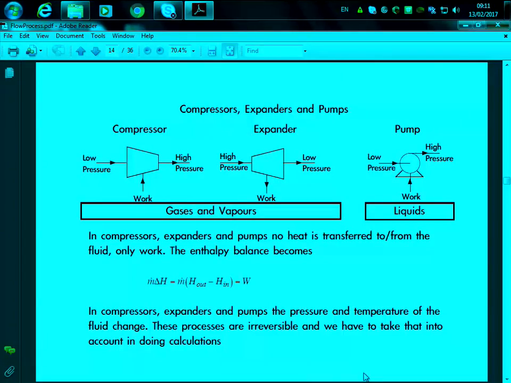So entropy of the inlet of the process will be equal to entropy of the outlet of the process. Well, this is an assumption that we will use to initiate calculations, and we will later correct it to actually get what will be the real effect of the system. We will see when we look at the example. So we have to take that into account in doing calculations.